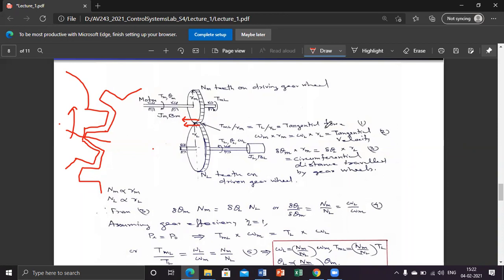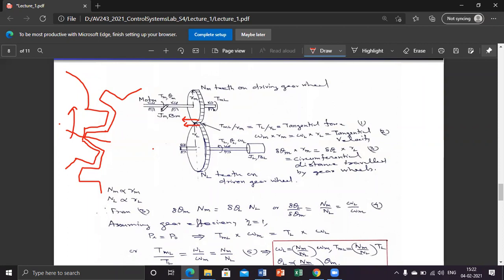The tangential force can be given as the torque TML divided by Rm. Rm is the radius of the driving wheel, and TML is the torque which is supplied to this wheel. For the time being, assume that this wheel is massless and there is no dissipation.